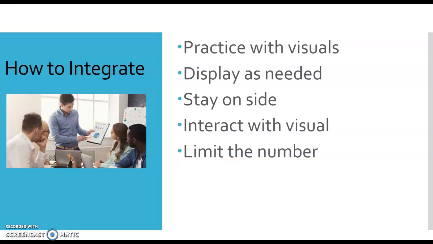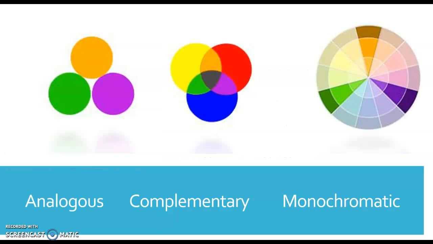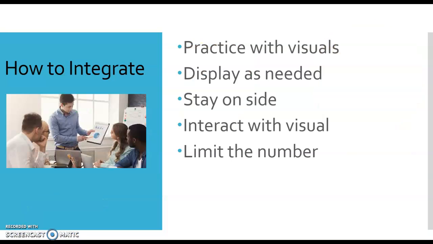It's better to have a blank visual than potentially create the confusion of your prior content hanging over. So if I was still showing that color scheme slide and I begin talking about something else, it might have you wondering, wait, have we moved on? Are we in the same place? How am I supposed to go from one to the next? Okay, so make sure you're displaying only what is needed.